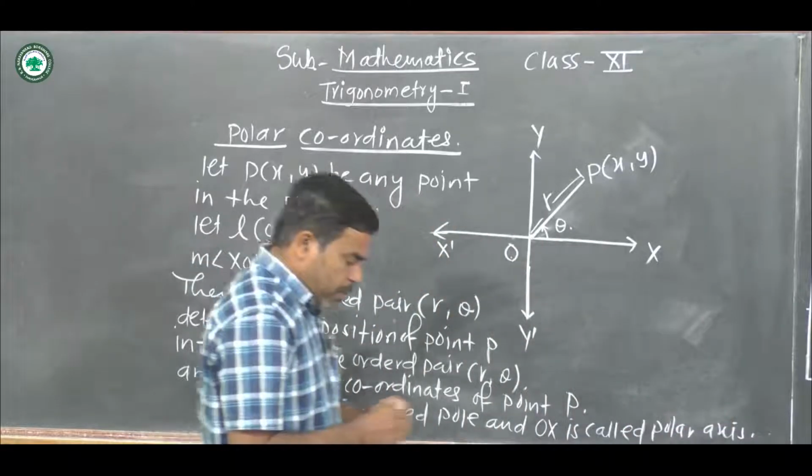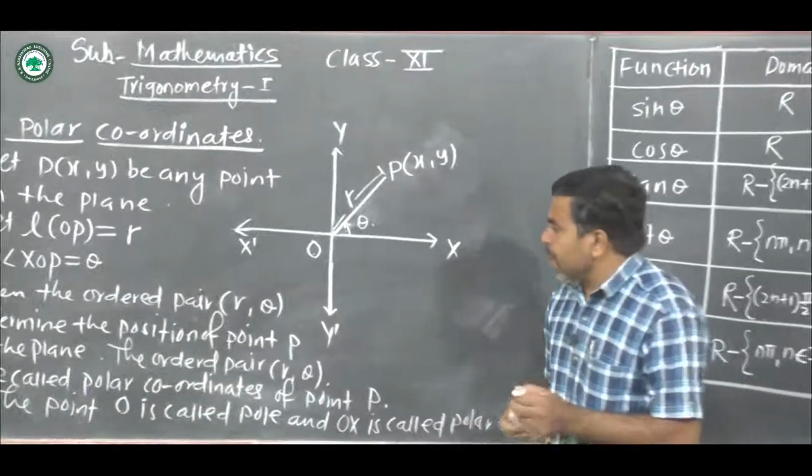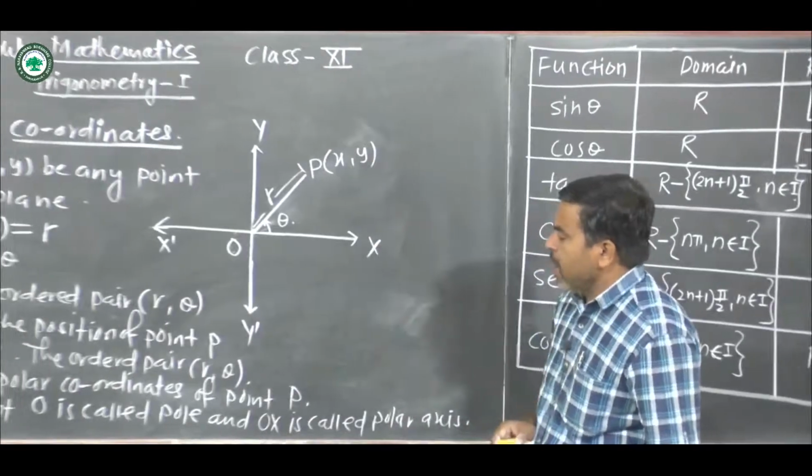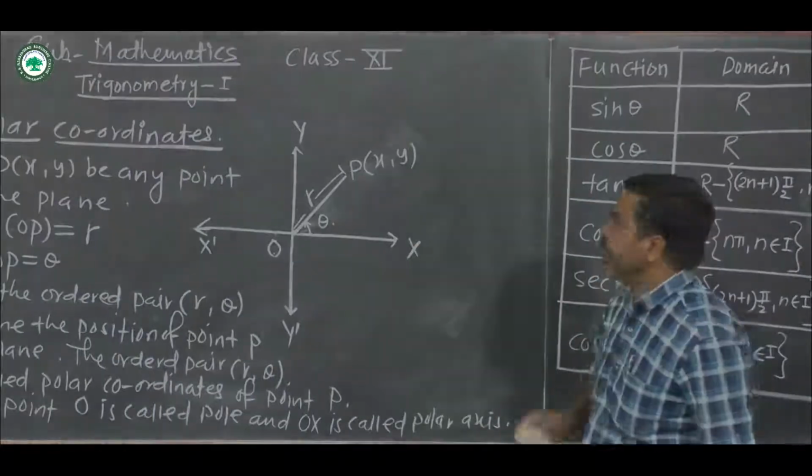So see, the point P has Cartesian coordinates x comma y and polar coordinates r comma theta.